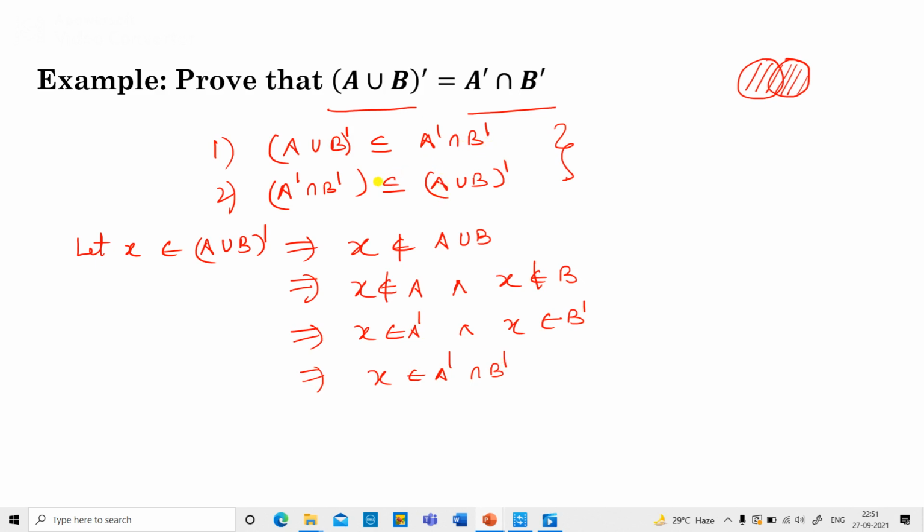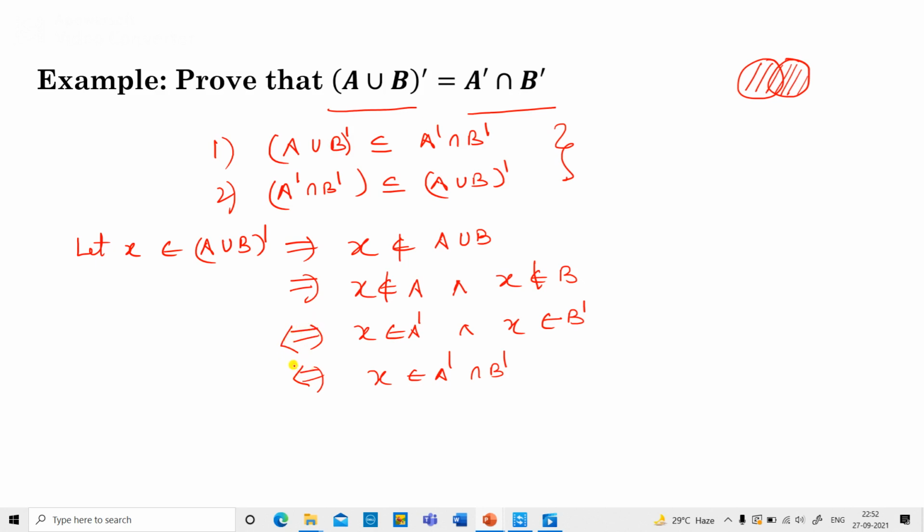Now second time we have to assume that X is an element of A' intersection B' and show X is an element of this one. So if you start with the last one, just go in the reverse direction. Start from this one, X belongs to A' and B'. It is better to write here the if and only if condition.